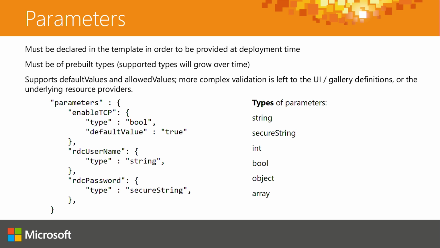So parameters let you specify the shape of the inputs. You can give hints to places like the portal by giving default values and descriptions of what the fields are. More complex validation of parameter values, you can do a little bit here, like pick off a list, but we leave it to the resource providers because we can't really tell. I'll give an example.